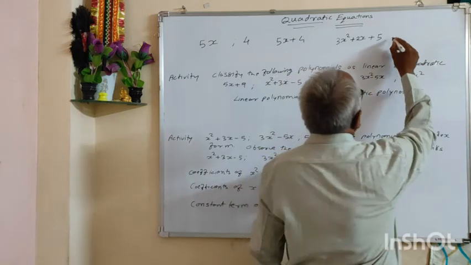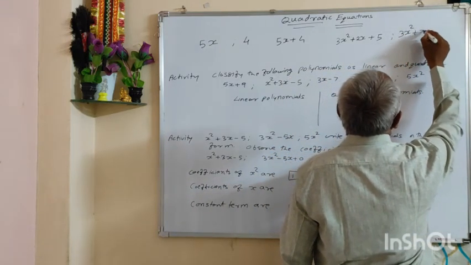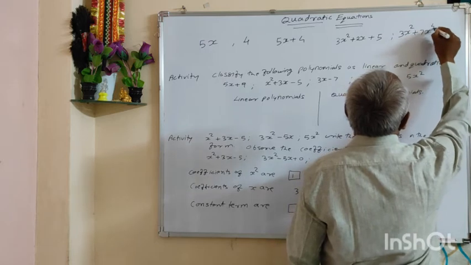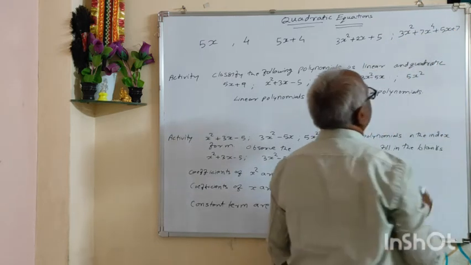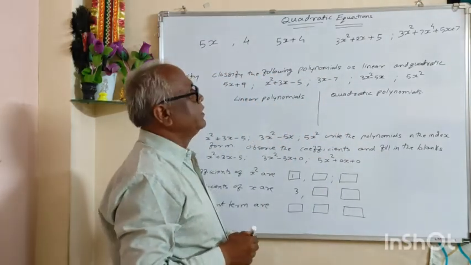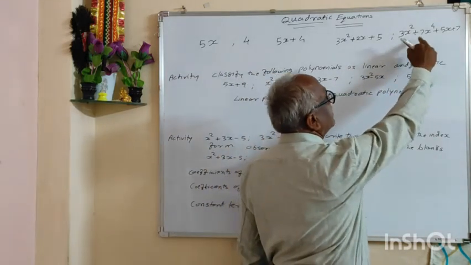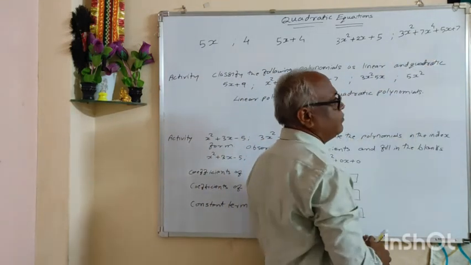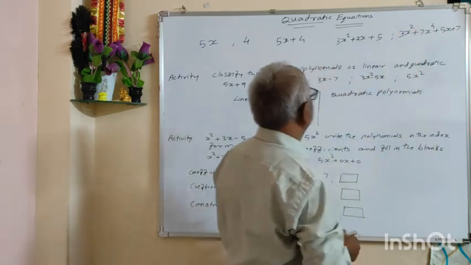Now if I write the equation 3x square plus 7x raised to 4 plus 5x plus 7, it has more than 3 terms, so it is a polynomial. Here the maximum index of x is 4, so it is not a quadratic equation.